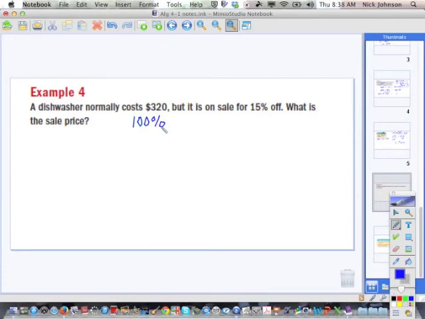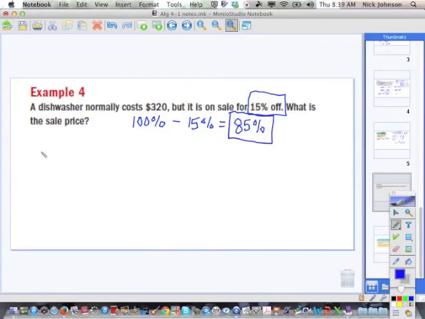But since there is a sale, you are taking off, which means subtract, 15%. You don't pay 15%, okay? You take off 15%. So 100% minus 15% equals 85%. So that is our percentage of interest, okay? We are only going to pay 85% of what that dishwasher was.